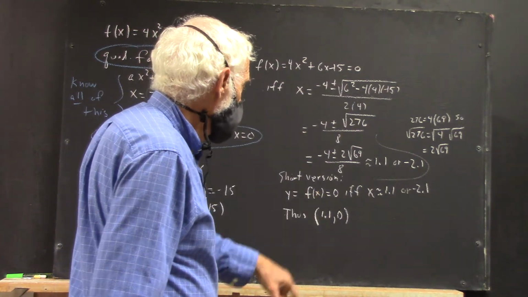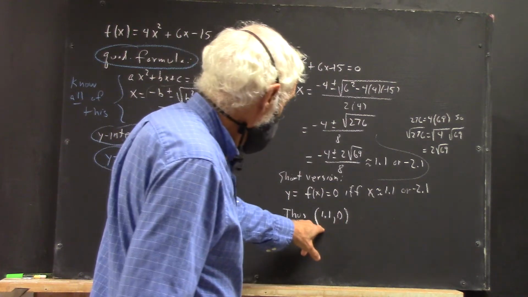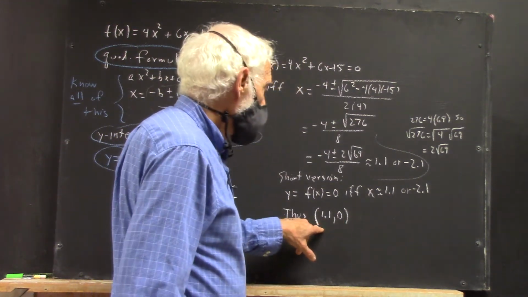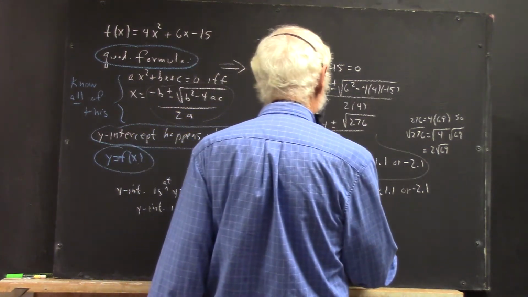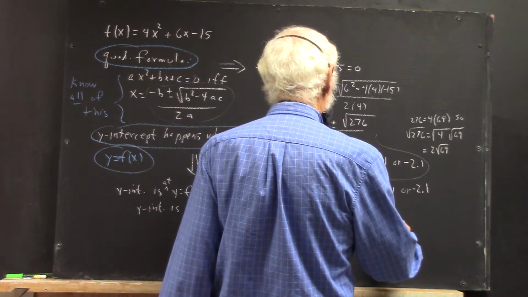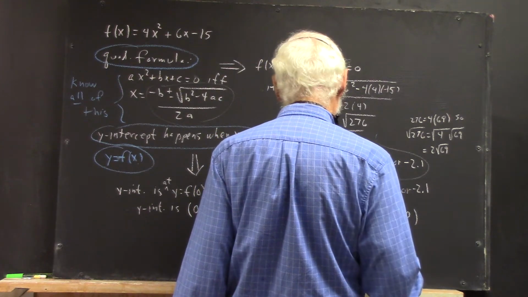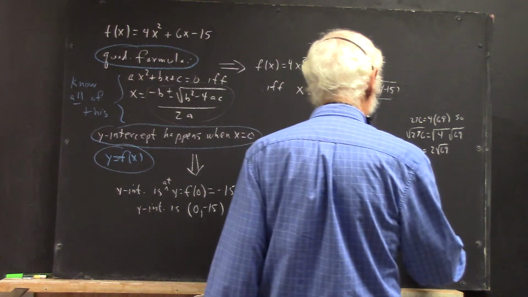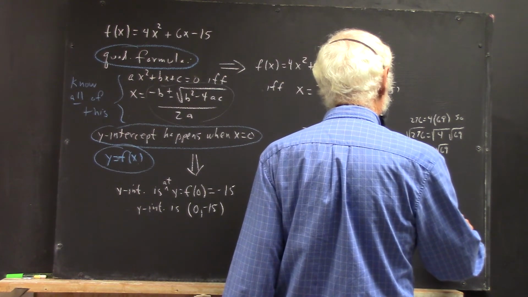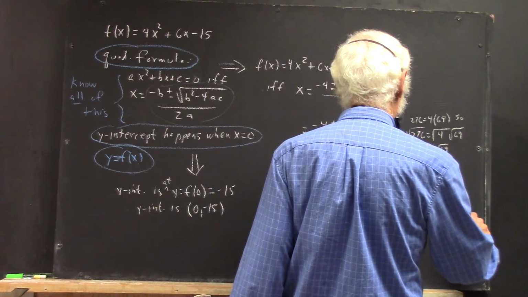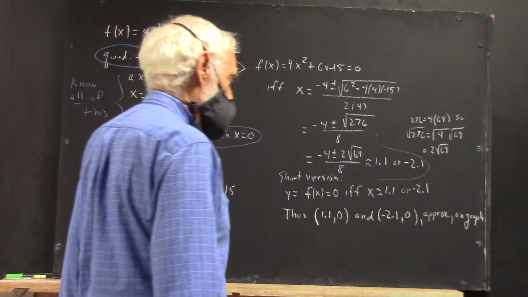So if f of x is 0, that means the y value is 0. And if that occurs when x is 1.1, then you have the point 1.1, 0. These are approximately. They're on the graph.